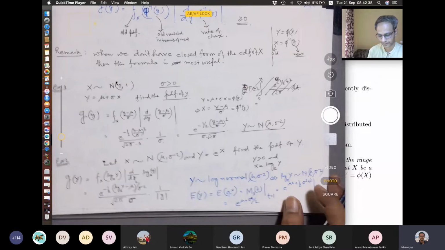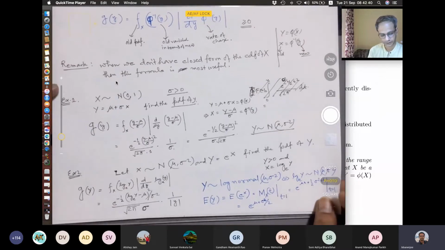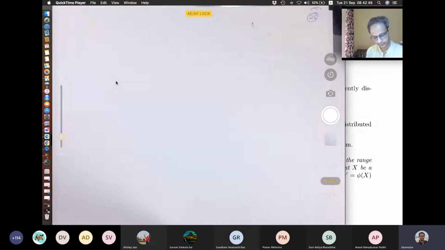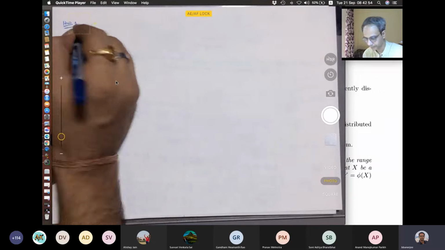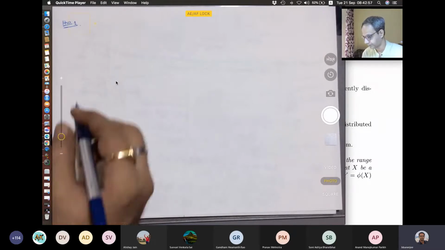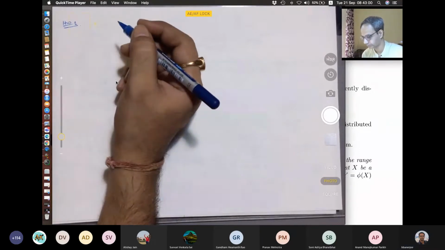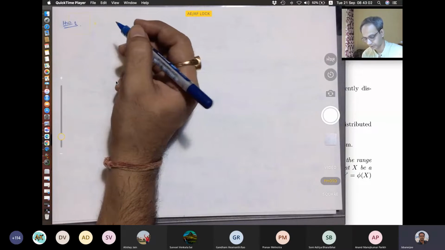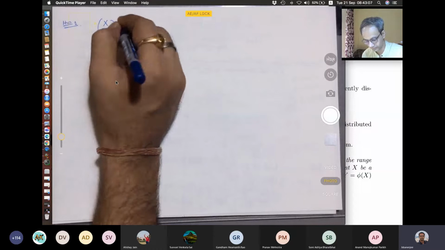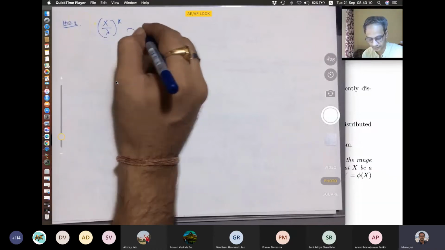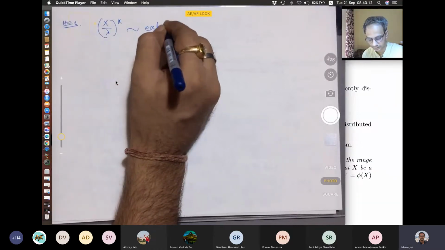Okay. Now a few more exercises, similar type. These are homework. Let x by lambda to the power k be following exponential 1.